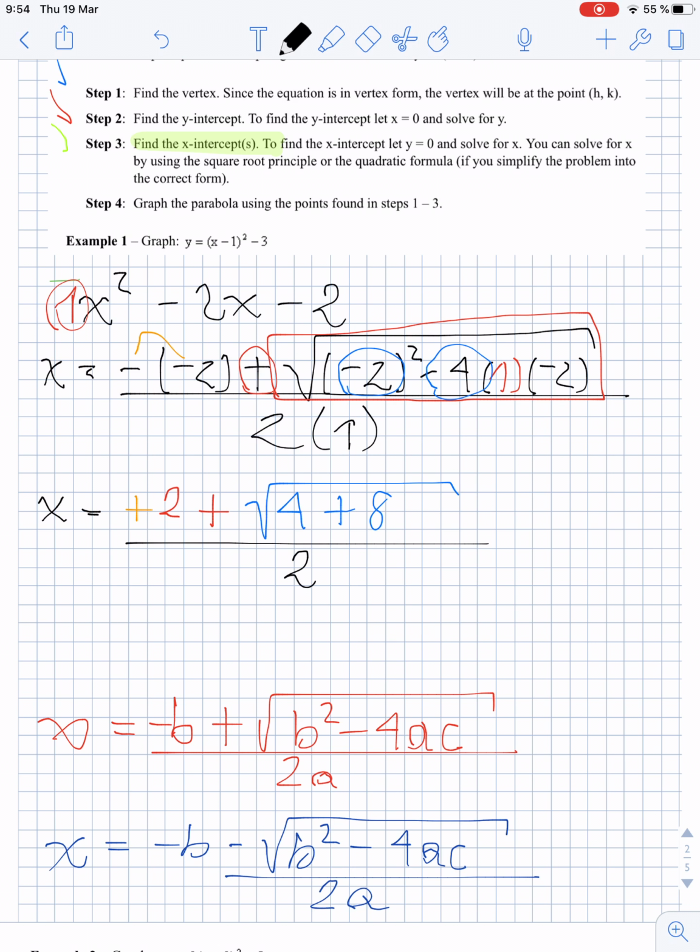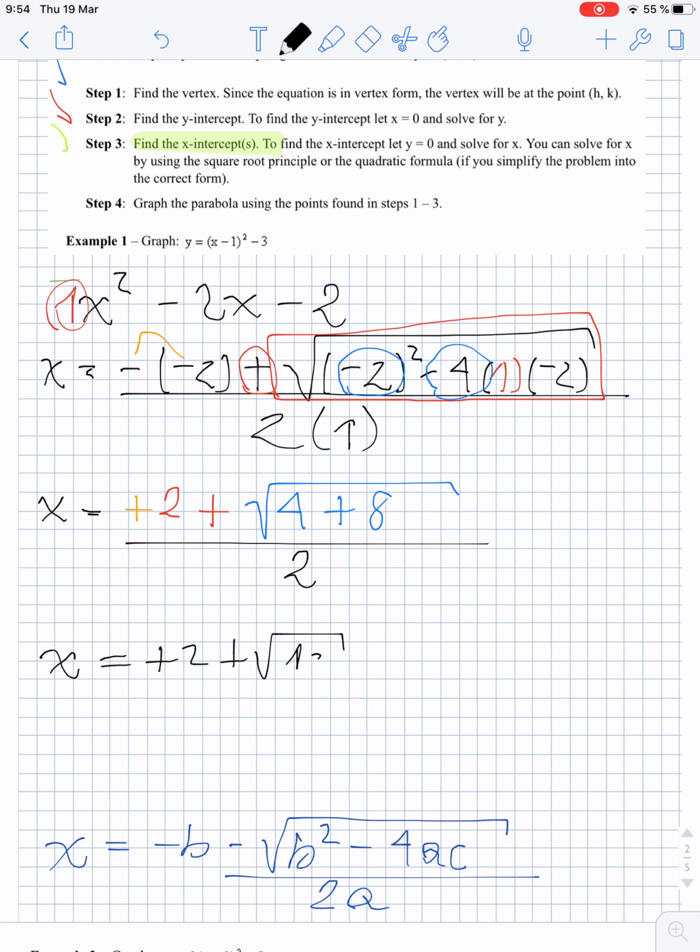If you see, we reduce the expression and we only need to complete this operation. The value of x is equal to, now the square root is 12, plus 2 plus the square root of 12 over 2. And then solve this in the calculator. By using the calculator, we're going to find that the value for the square root of 12 is 3 point something. You can find the exact value, okay?